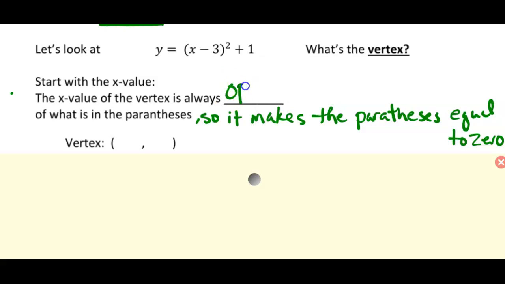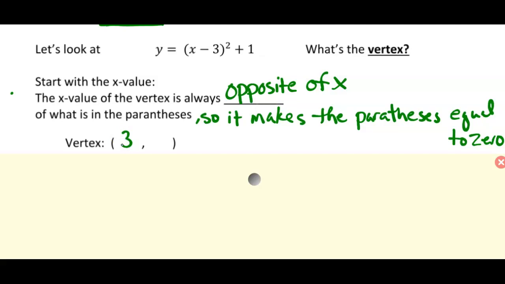So it's always the opposite of what's with the x. So what does that mean? In this case, it's minus 3 behind the x. So what's the opposite of minus 3? Well, positive 3. So my x value is 3.